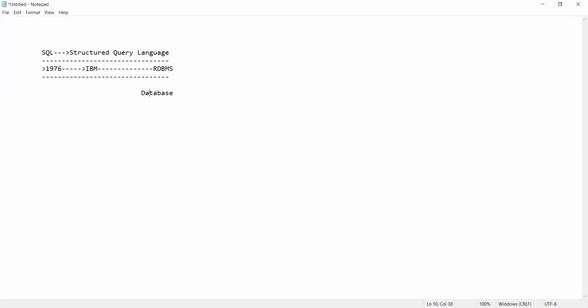Whereas, as we know, this database requires a system that is called a management system.